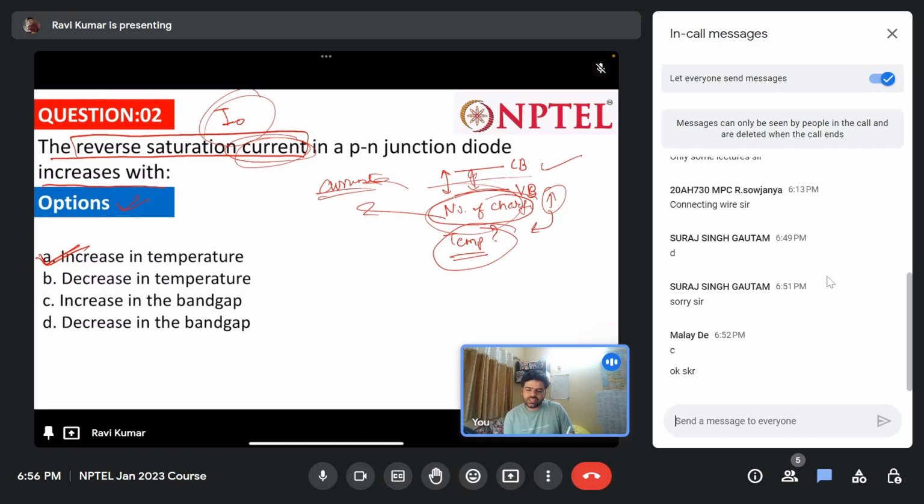It will be easy for a minority charge carrier to constitute a current in case of a decrease in band gap, and that's why C or D? C or D? C, sir. C. Increase in band gap.